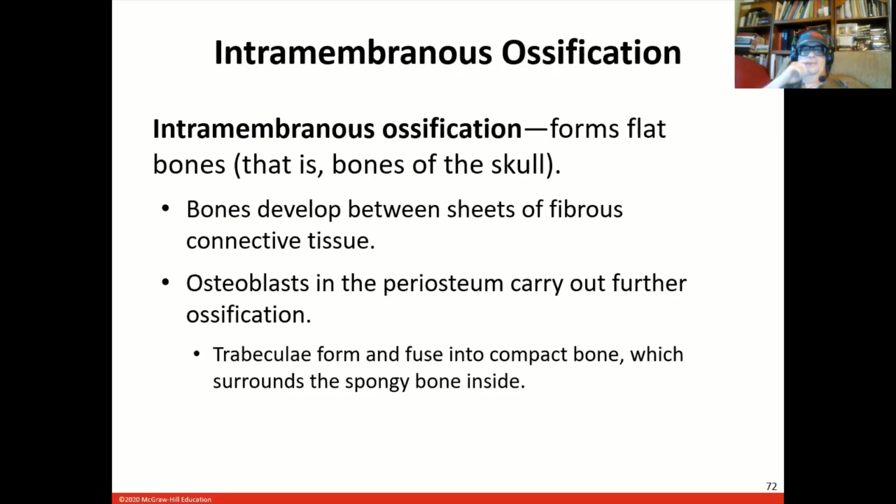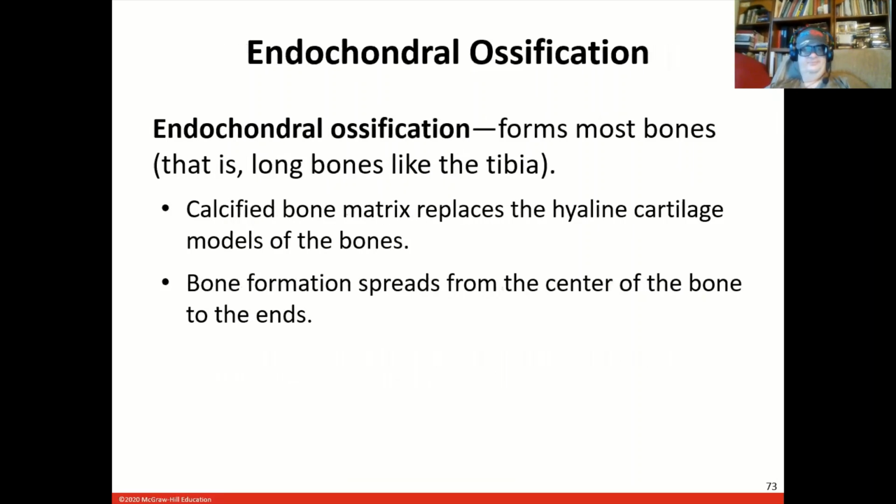And so you have fibrous connective tissue membrane, and they make compact bone, but between them is spongy bone. Endochondral, this is what you have in the long bones usually.